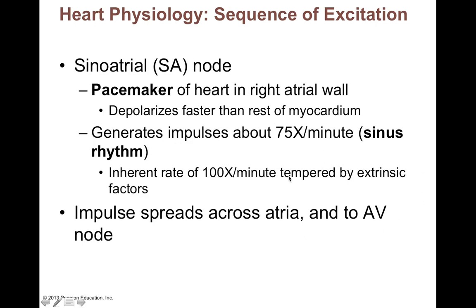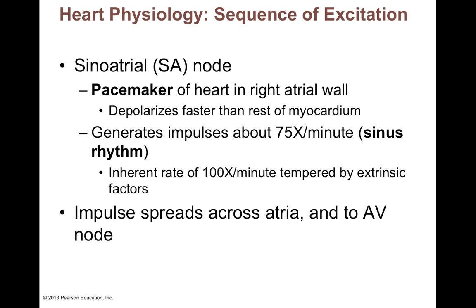Okay, so what happens here next is that the impulses generated by the SA node spread across the atria. Once they generate, they go across those atria and work their way around towards the AV node. Now, in between the SA node and the AV node, we have what are called the internodal pathways. But the internodal pathway is made of cardiac muscle tissue.